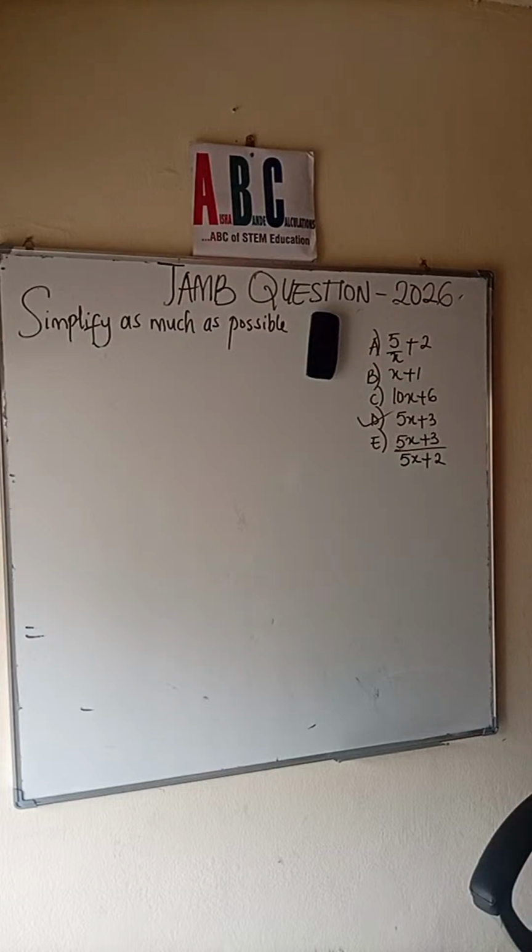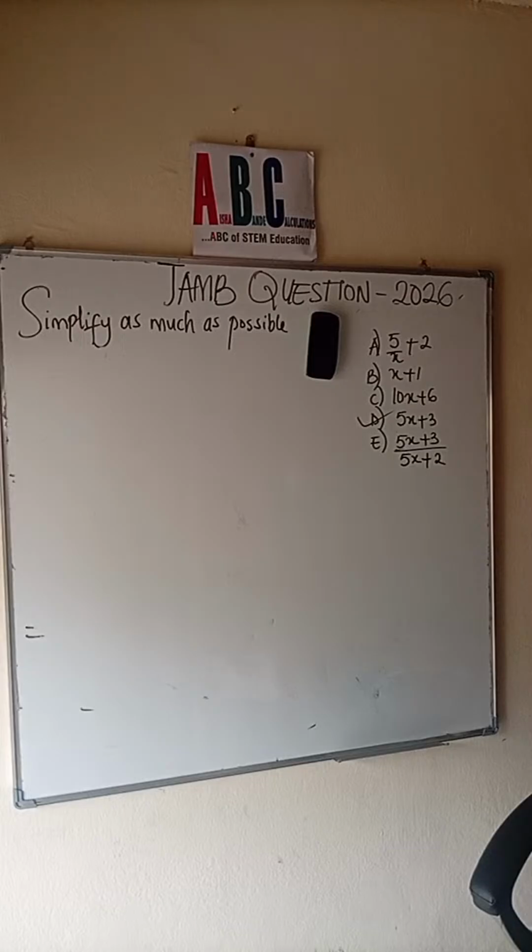The calculation is not long. We are spending more than 3 minutes because we are explaining. If I want to solve this, I'm telling you that in 60 seconds I will solve it and get my answer. It's just for you to understand the steps.